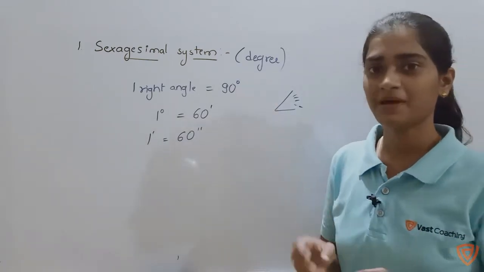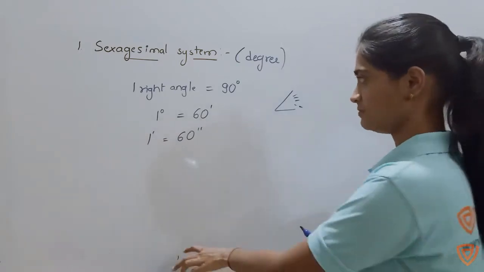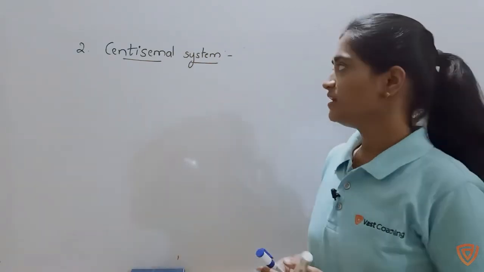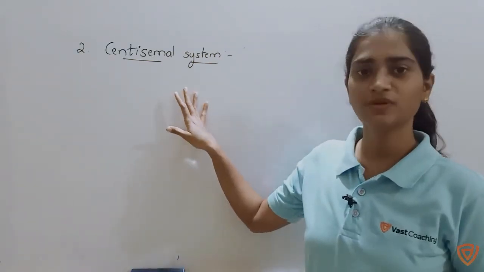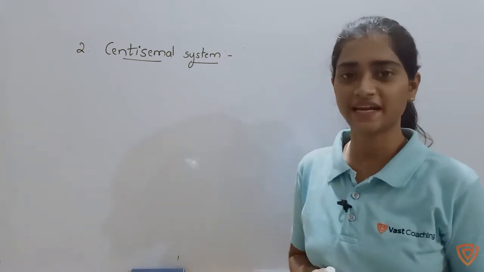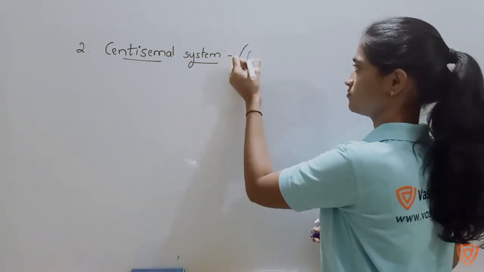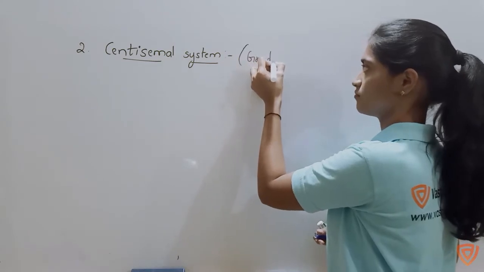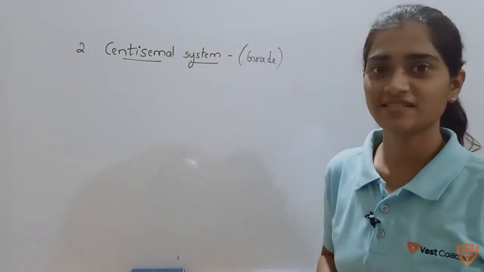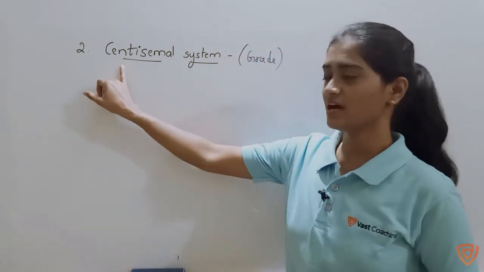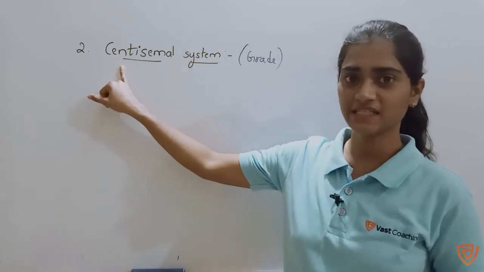The second method is the centesimal system. In the centesimal system, the unit of the measurement is gradian. In this you can see that everything we are talking about is in terms of 100 units.